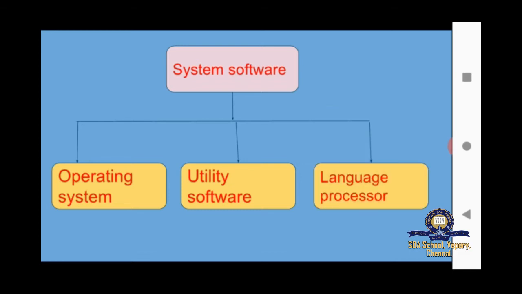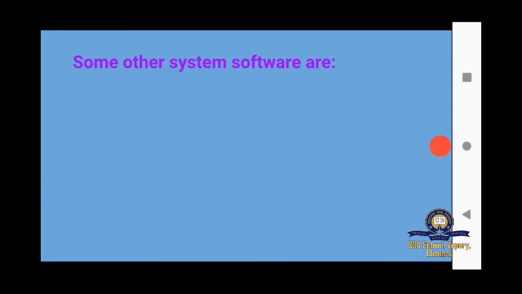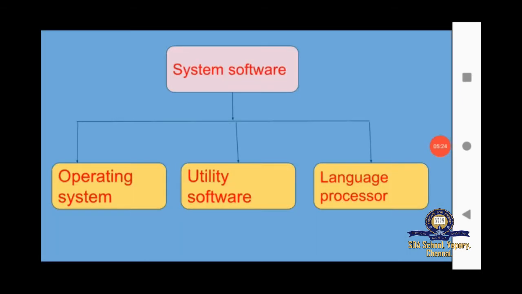First, we are going to see about the operating system. An operating system is needed to operate a computer. It controls the overall activities of a computer.